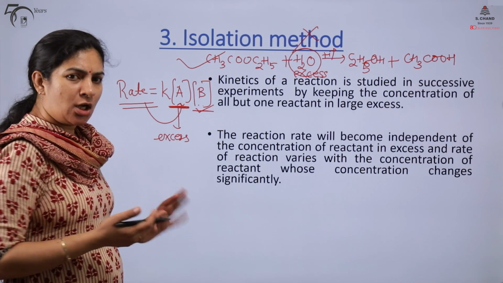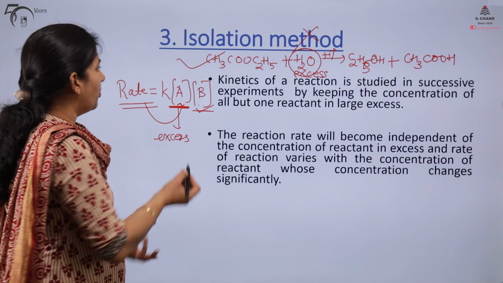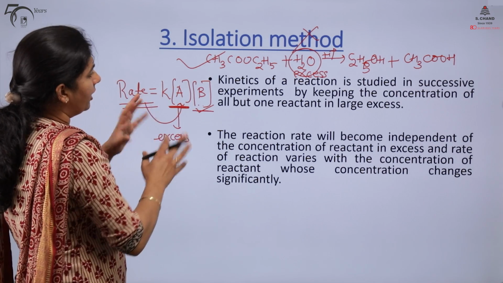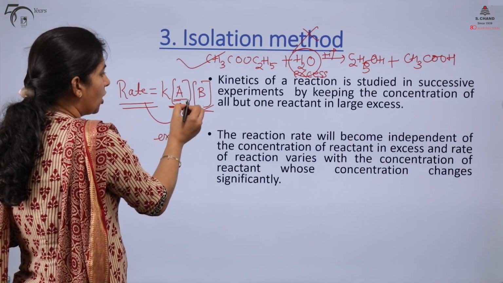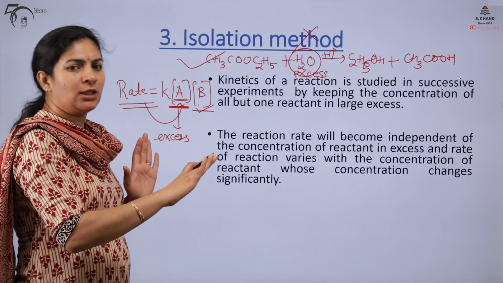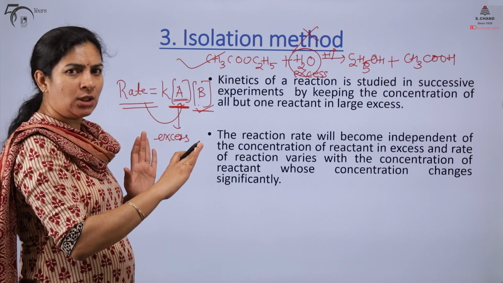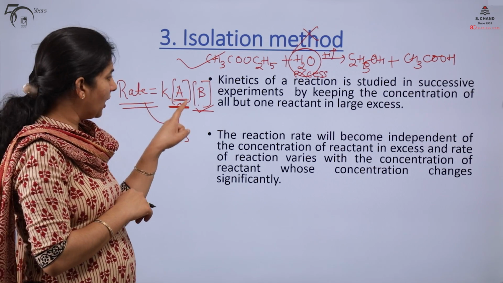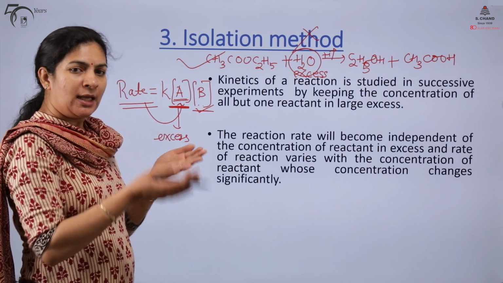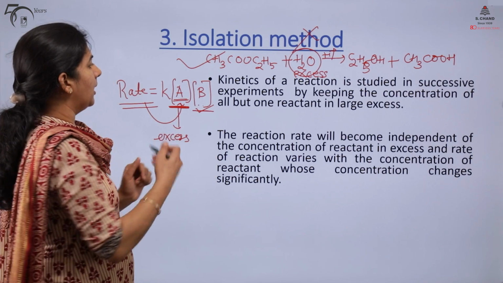We may change their concentrations also. The alternative to this is that we may double the concentration of A, keeping the concentration of B constant. Then also I will come to know how my rate varies with the concentration of A. In the next set of experiments, what will I do?